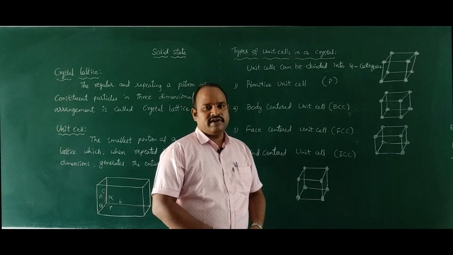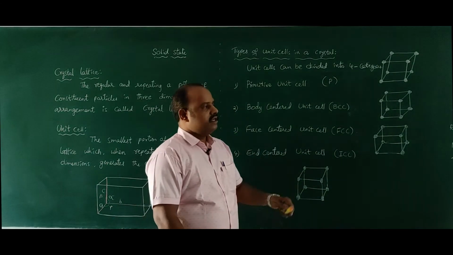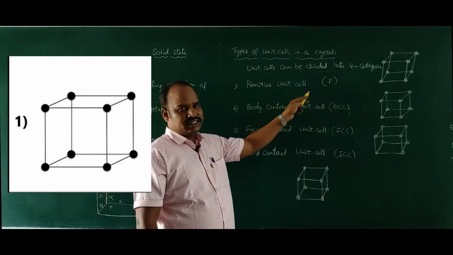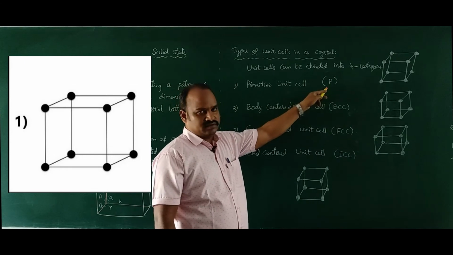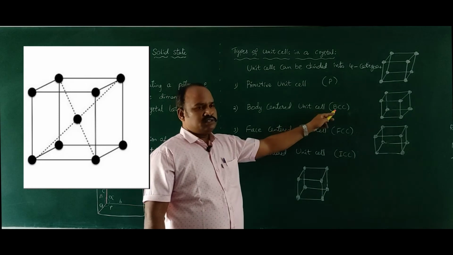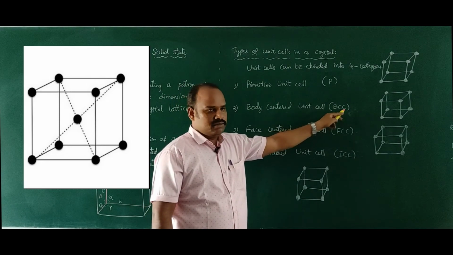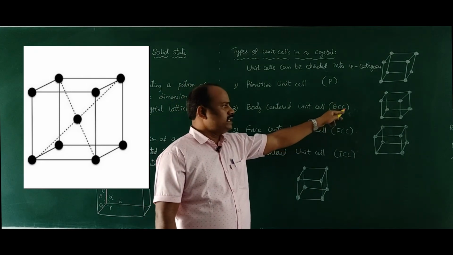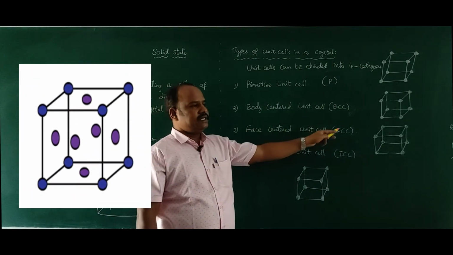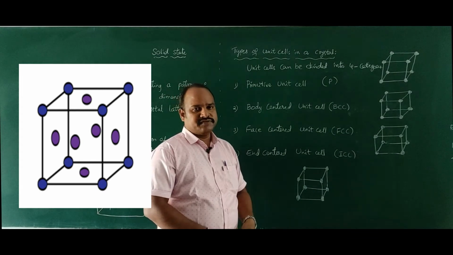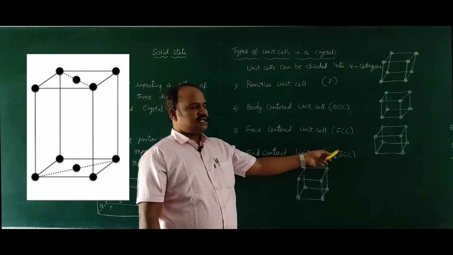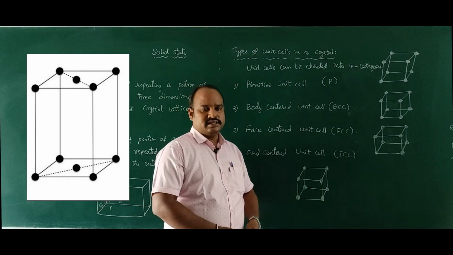The first one is the primitive unit cell, indicated as P. The second one, body centered unit cell, written as BCC. The third one, face centered unit cell, indicated as FCC. And the fourth one, end centered unit cell, indicated as ICC.